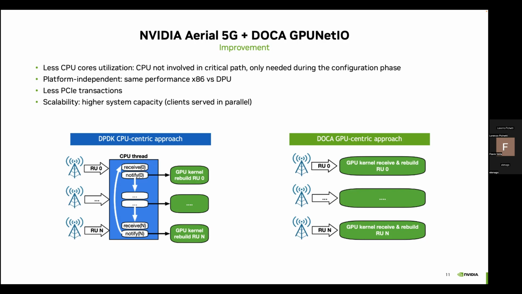You have this dedicated CUDA kernel per client that is ready to receive and process packets as soon as they come into the memory. In this way, we multiplied by 4 the capacity of the system, and actually even more, we'll see in the future. But this was the reason we were able to achieve such a high performance in Aerial 5G.